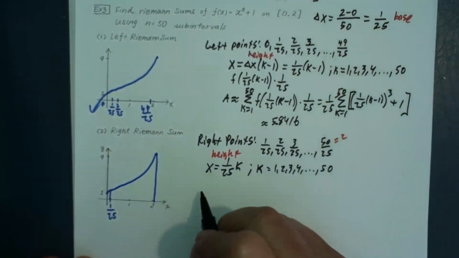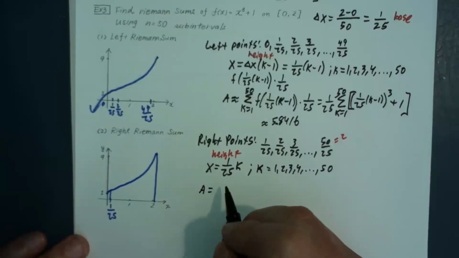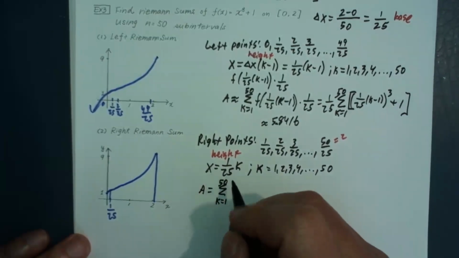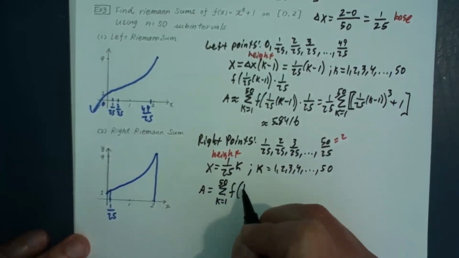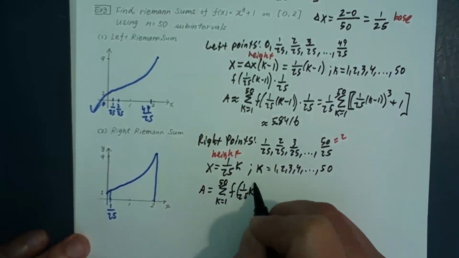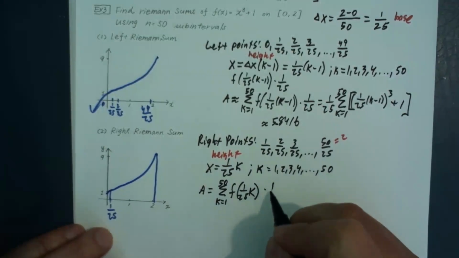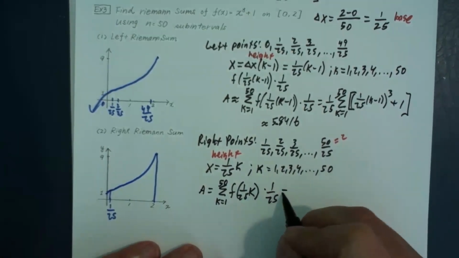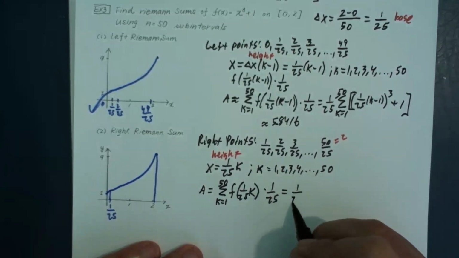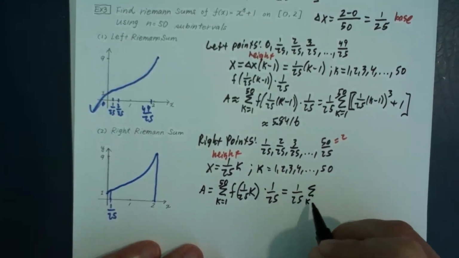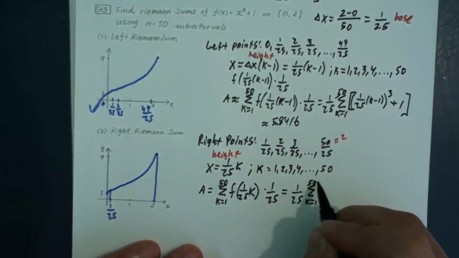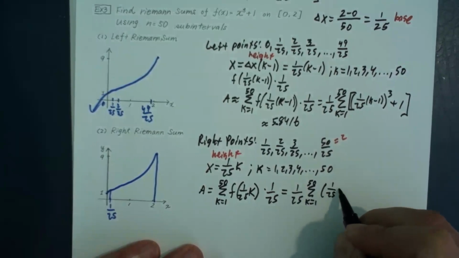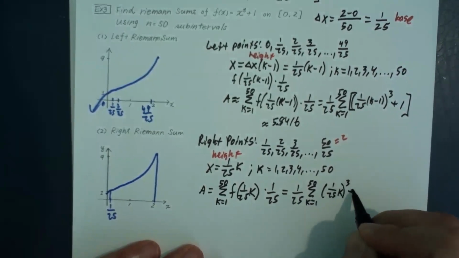So our area is going to be the summation times 1 over 25, which for us is going to look like this: 1 over 25 of (1 over 25 k) cubed plus 1.